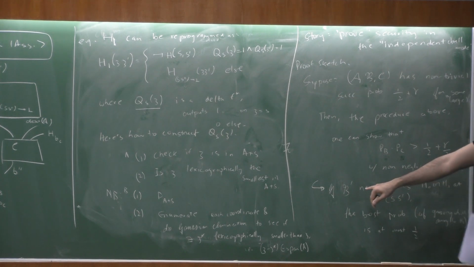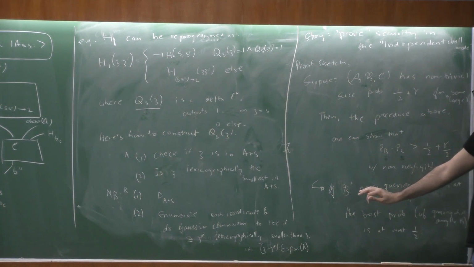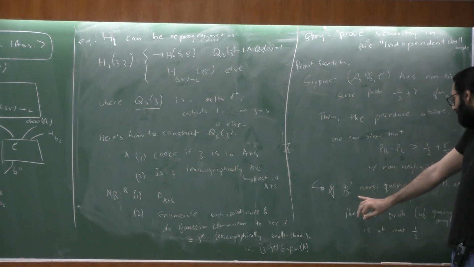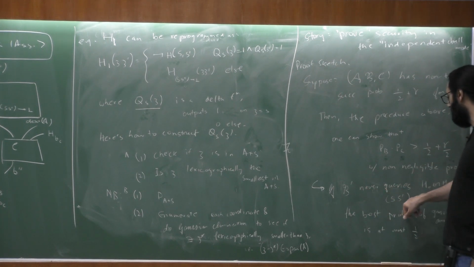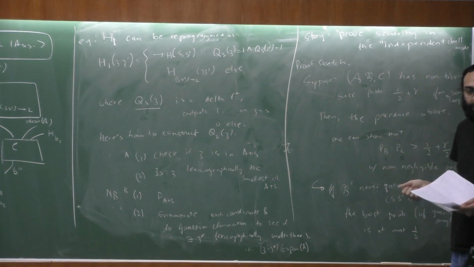Correct? So here's the crucial bit: B prime is not entangled. If you just look at B prime by itself, and it does not query H0 or H1 at SS prime, the probability of distinguishing these two is at most half. This is just trivial.